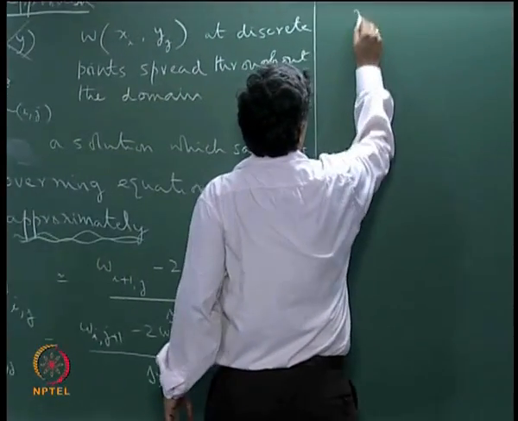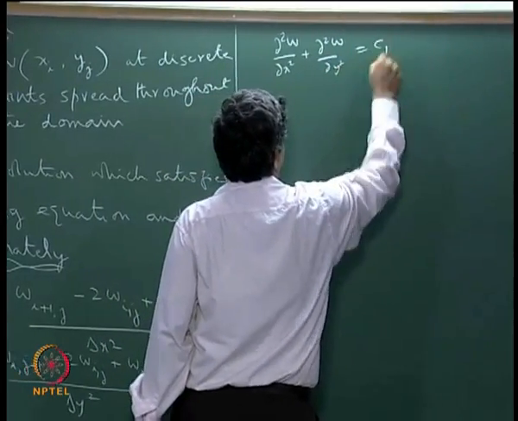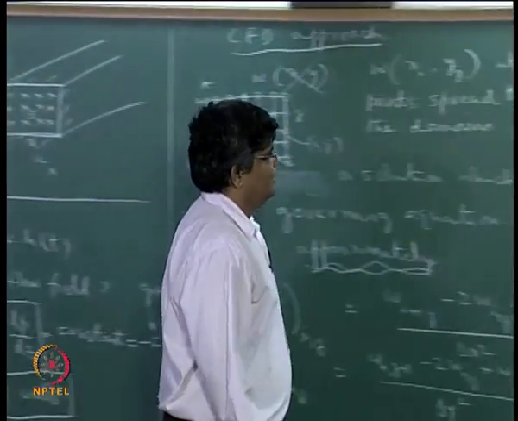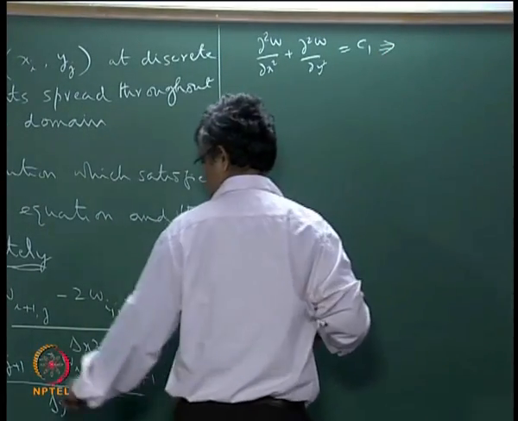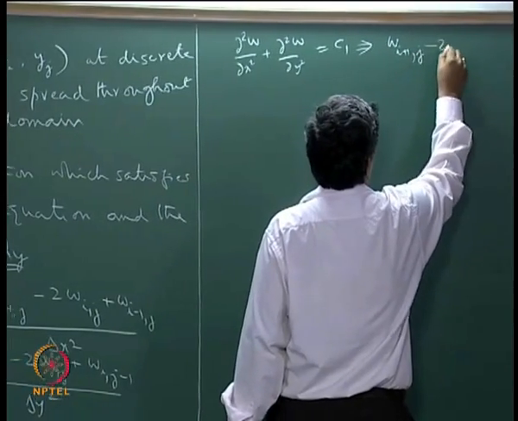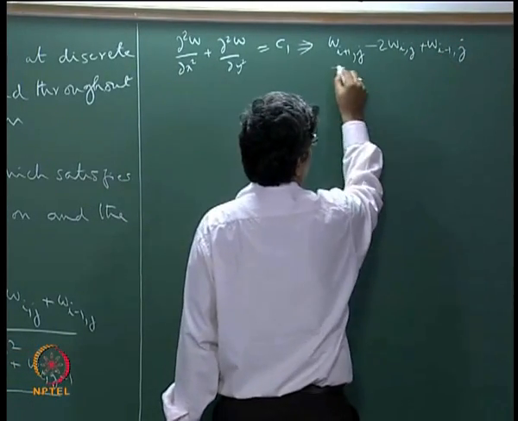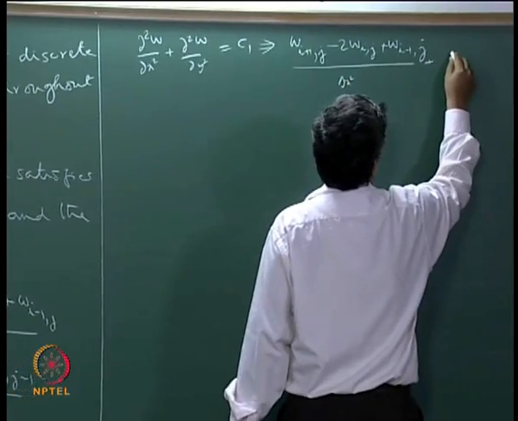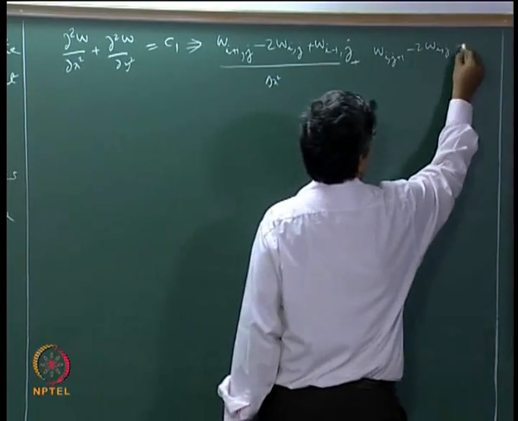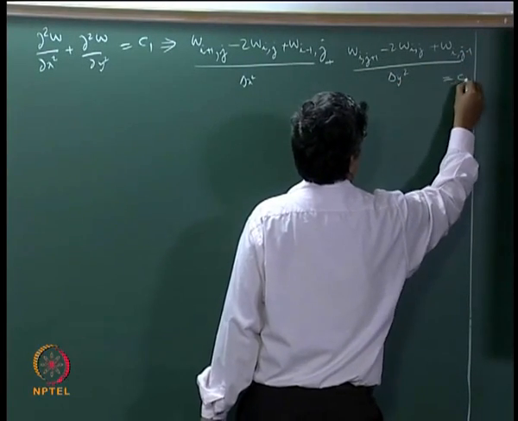So we can say that dou square w by dou x square plus dou square w by dou y square equal to c1, where c1 is 1 by mu dp by dz, can now be written as w i plus 1, j minus 2 w i, j plus w i minus 1, j by delta x square, plus w i, j plus 1 minus 2 w i, j plus w i, j minus 1 by delta y square, equal to c1.